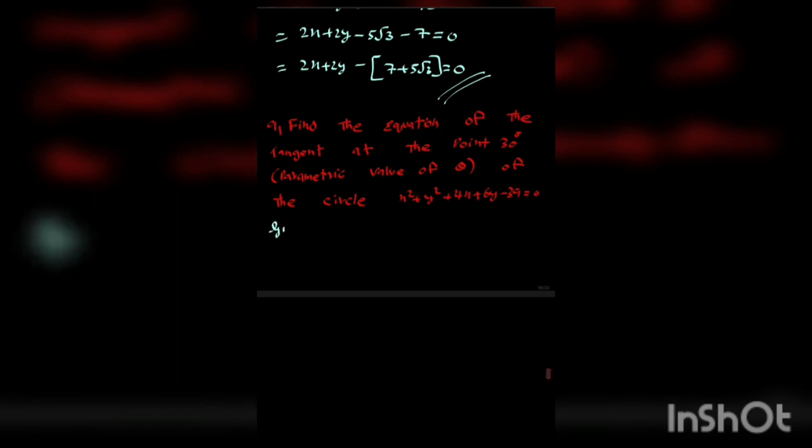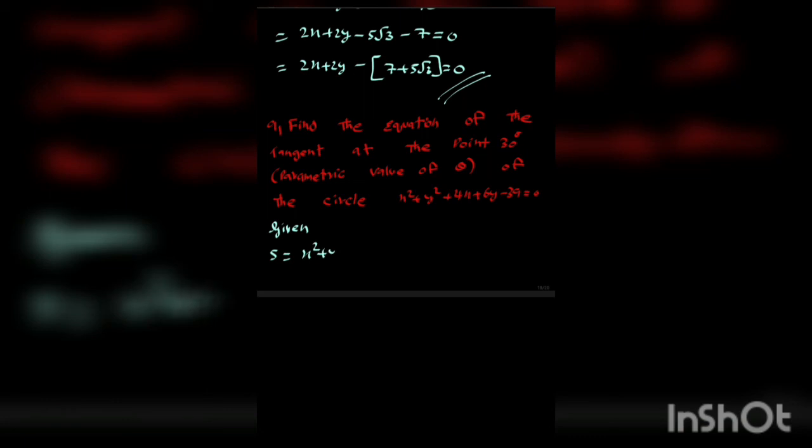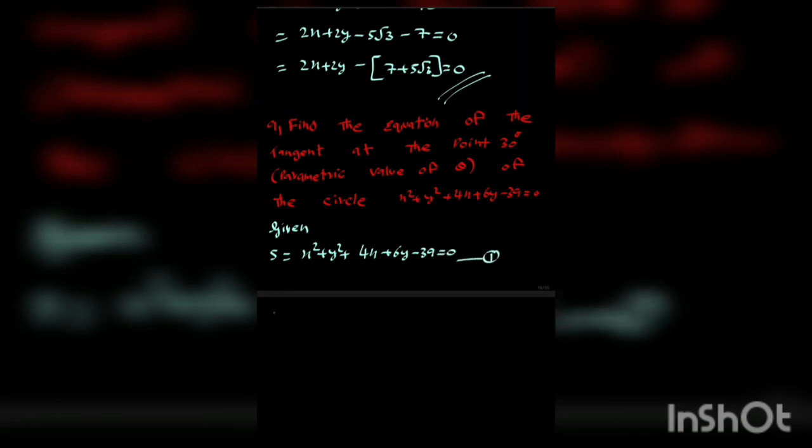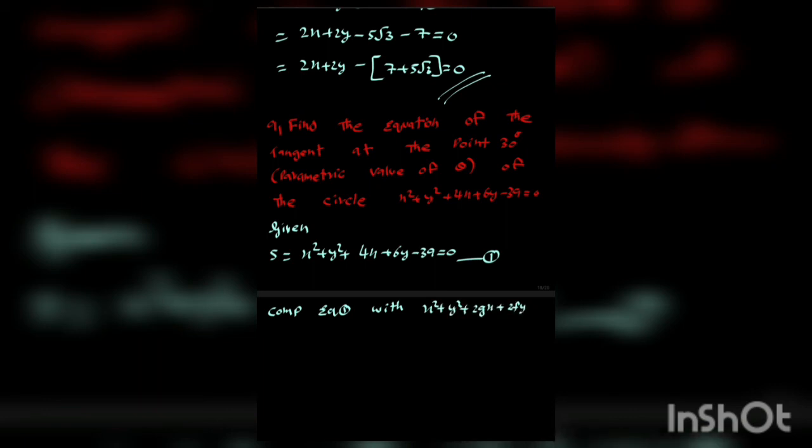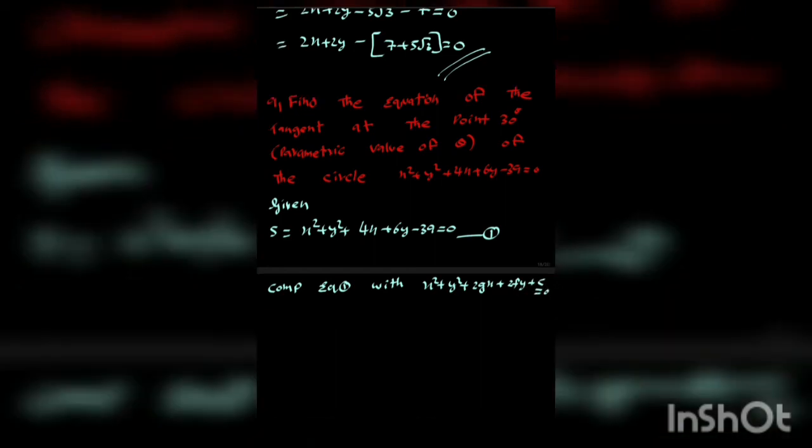So given circle S is equal to x square plus y square plus 4x plus 6y minus 39 is equal to 0. So compare equation 1 with the general equation of circle, x square plus y square plus 2gx plus 2fy plus c is equal to 0.